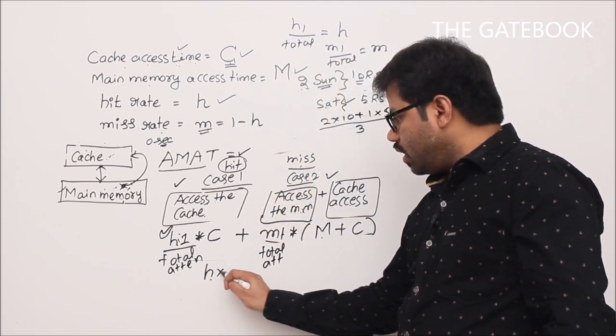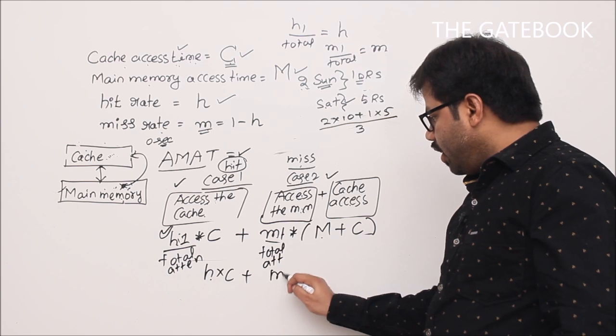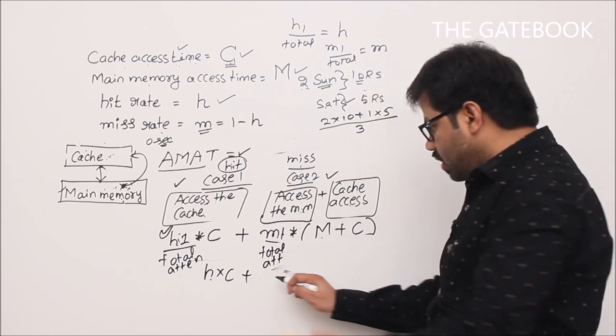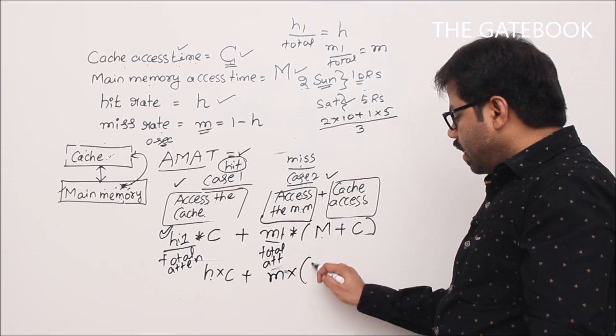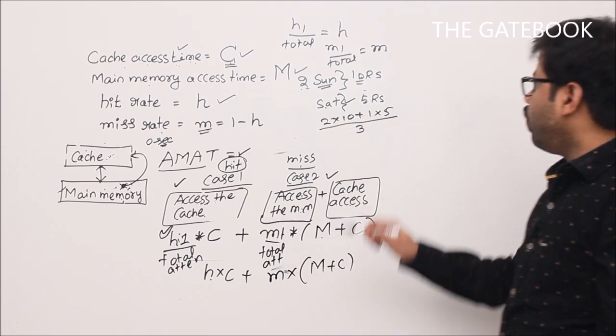That means H × C plus m1 by total attempts, which is the miss ratio M, × (capital M + C), right? Let us simplify it further.